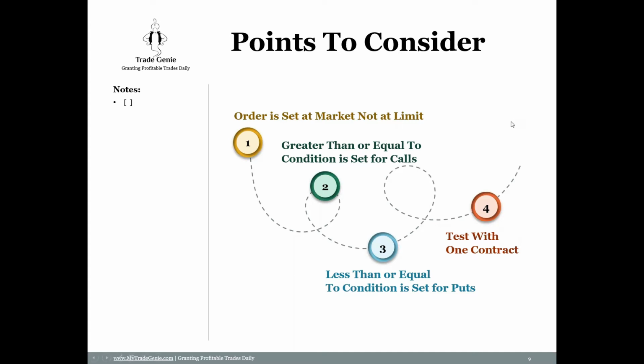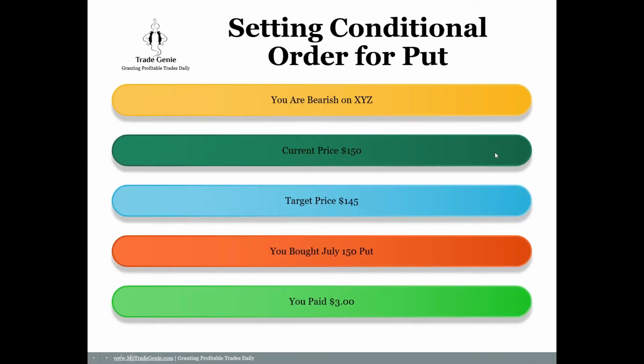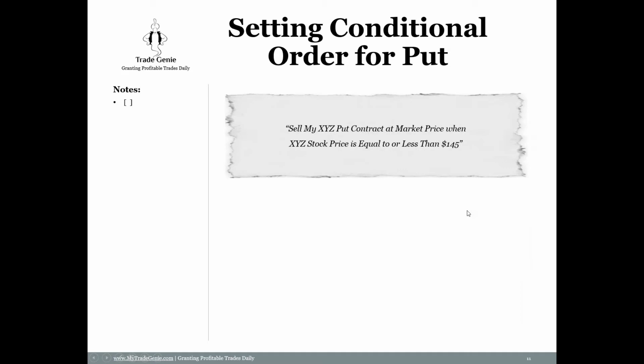Okay. Next is the scenario for puts. Let's say you're bearish on XYZ, the current price is 150, the target is 145, you bought a July 150 put, and you paid $3. How will you set the conditional order?